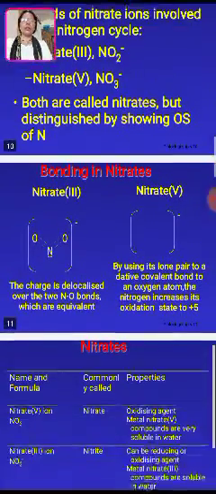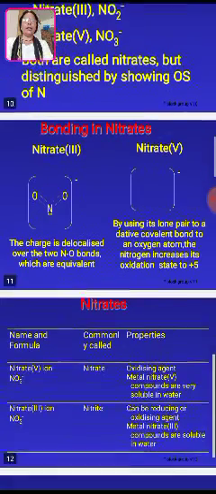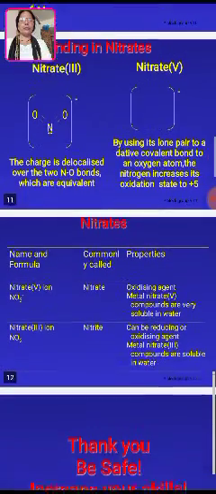See the bonding shown on the slide for oxidation state 3: the charge is delocalized over the two nitrogen-oxygen bonds, which are equivalent. The nitrogen in the middle has a lone pair of electrons, with a double bond to one oxygen and the other oxygen terminal. For nitrogen 5, as you have seen on the slide, by using its lone pair to form a dative covalent bond to an oxygen atom, the nitrogen increases its oxidation state to +5.